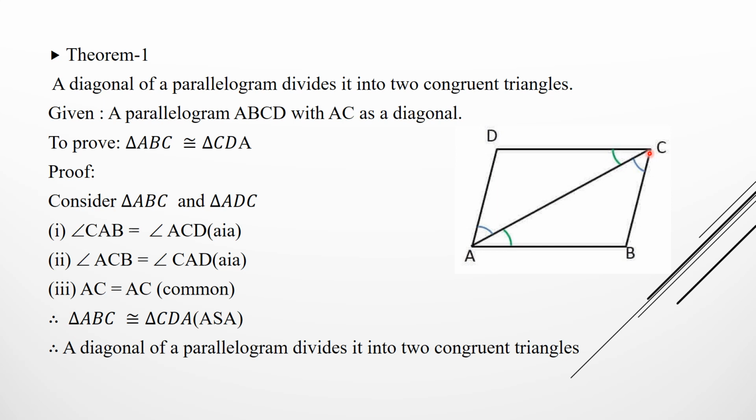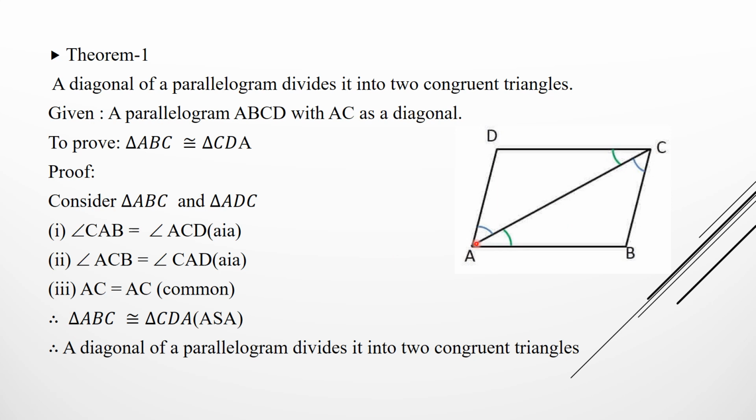So, angle CAB is equal to angle ACD because they are alternate interior angles. Similarly, AD is parallel to BC. We can say angle DAC is equal to angle ACB. Again, the condition is alternate interior angle.